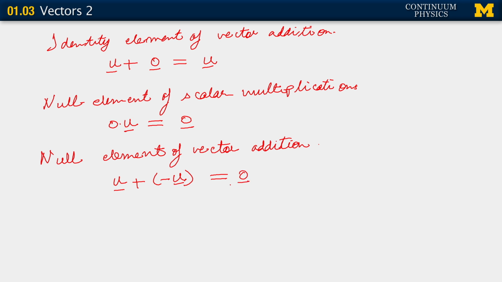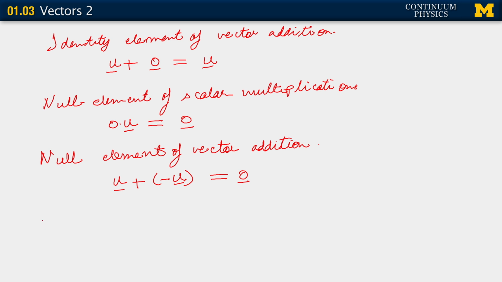So these are basic properties of vectors. What we are going to do now is recall fairly quickly two other basic multiplication operators on vectors. Okay? And we're going to start with one that's very familiar, what is called the dot product of vectors.